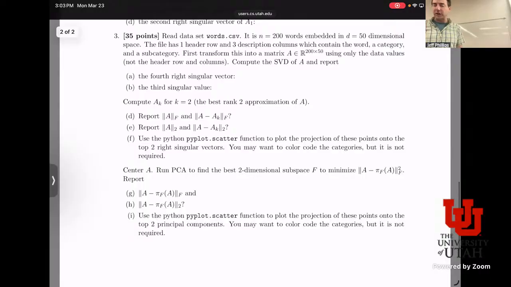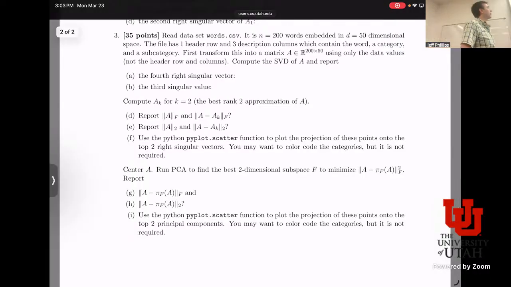The third question is going to be about looking at some actual data. I grabbed 200 words from an embedding of them in 50 dimensions. This is kind of a precursor to how these large language models work. I grabbed it from one of those. The words have 4 categories, and they're labeled inside the file.